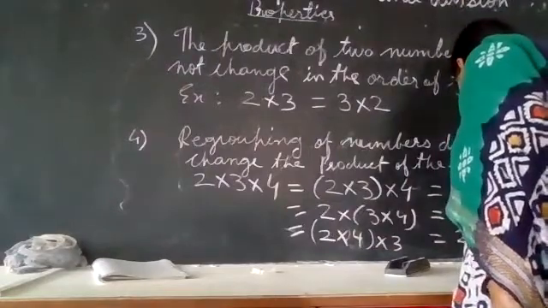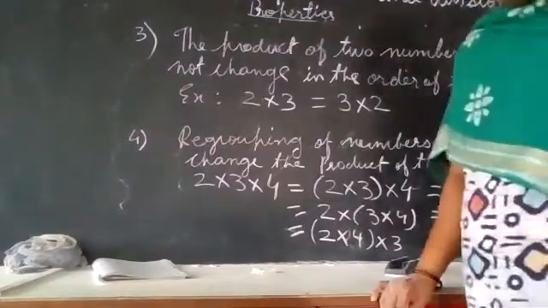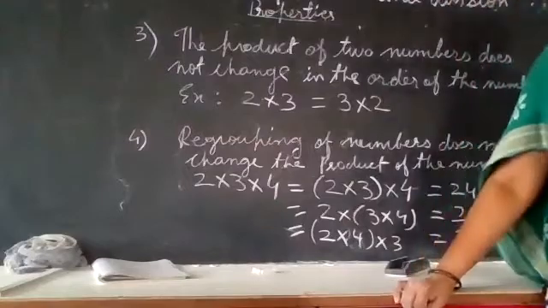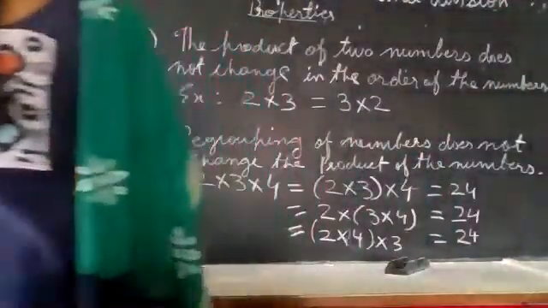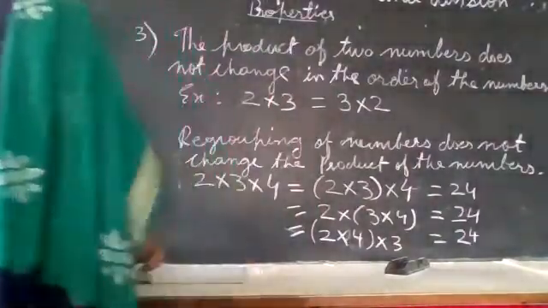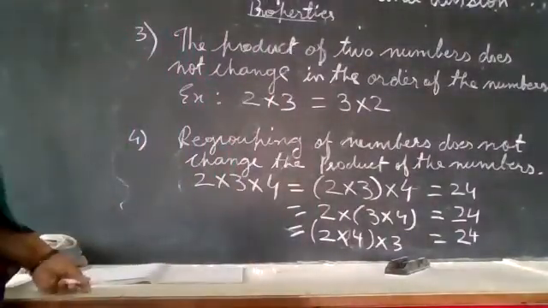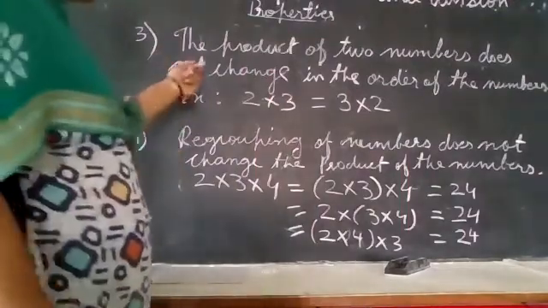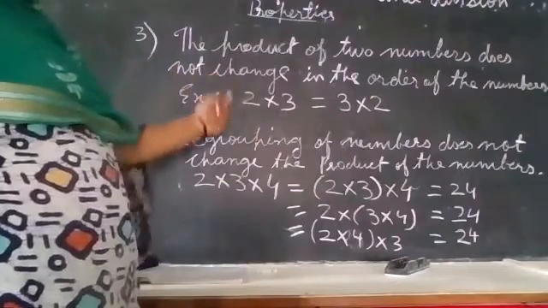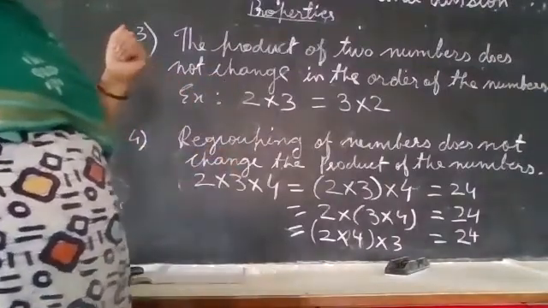Means, beta, regrouping of the numbers is allowed in multiplication. Okay, so got it, beta? This property is known as the commutative property, and this property is known as the associative property.